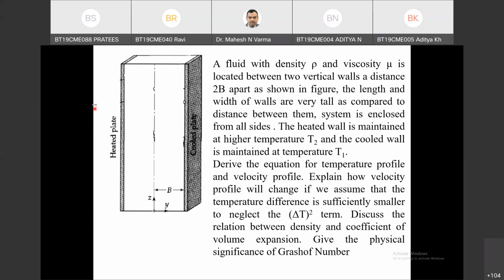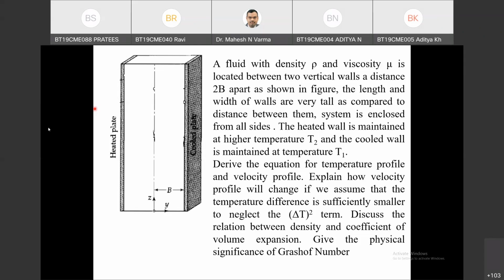So roll number 5, Aditya. Yes, sir. Can you just take out all the information from the slide? Yes, sir. We have density rho of the fluid, viscosity mu. There's 2b distance between the two plates.